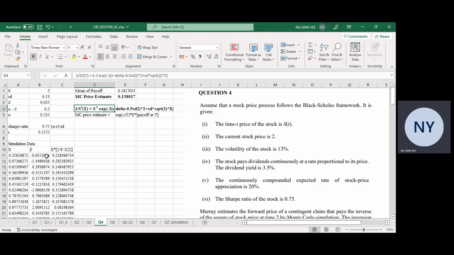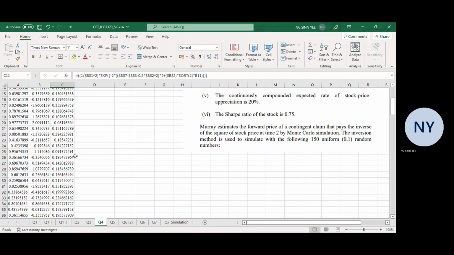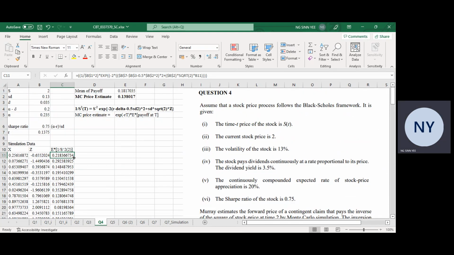The Z value refers to the value we found here using standard normal inversion. By applying this formula, we will be getting this payoff easily. All of the payoff was calculated successfully, and after that, we will be finding the mean of the payoff.